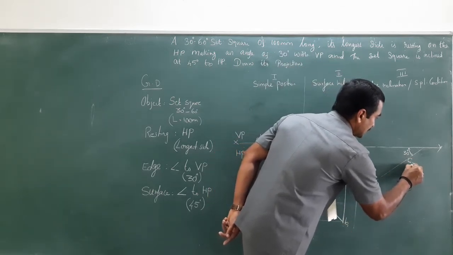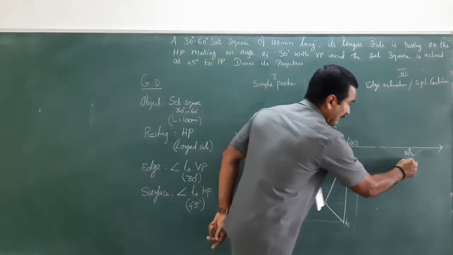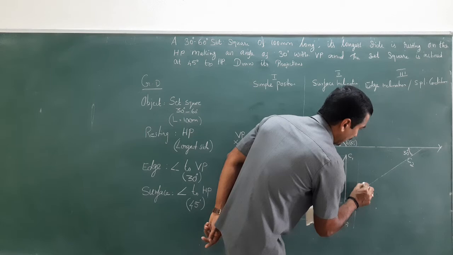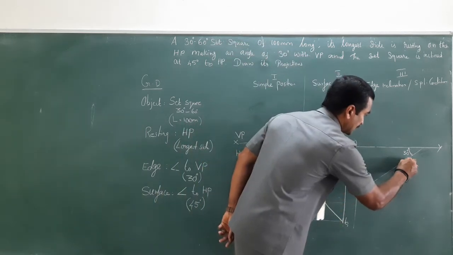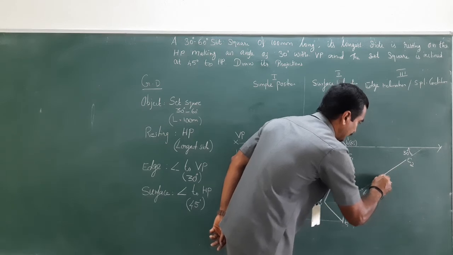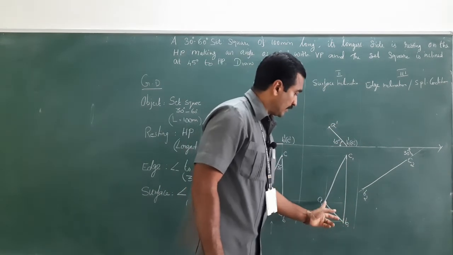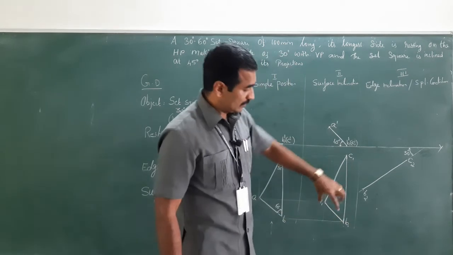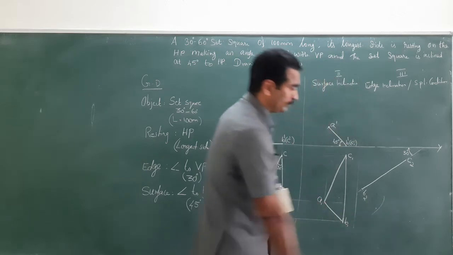This could be C2. Measure the distance between C and B in your compass. Keeping at C, cut an arc. This could be B2. Right? CB is at an angle of 30 degree. What about point A? Measure from B to A in your compass. Keeping at B, cut an arc.